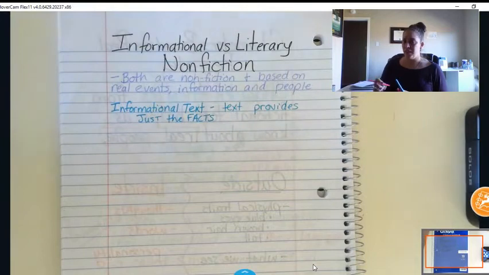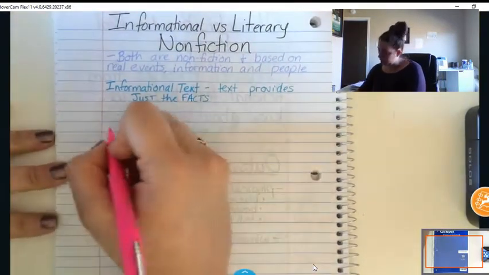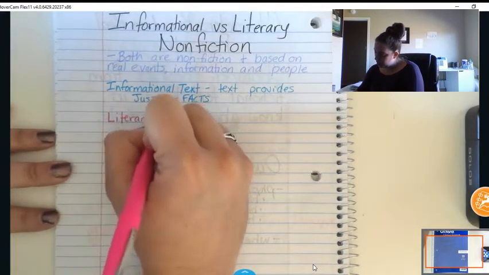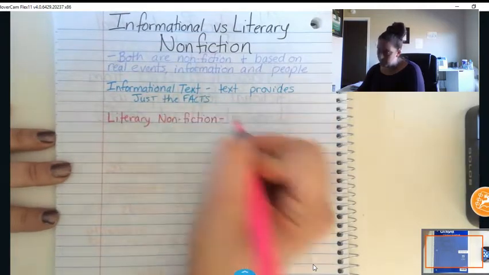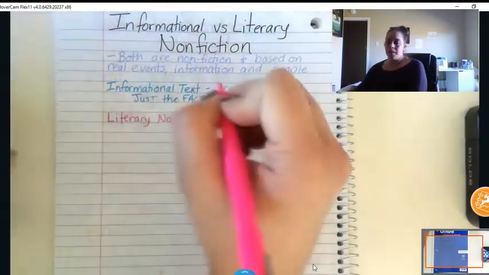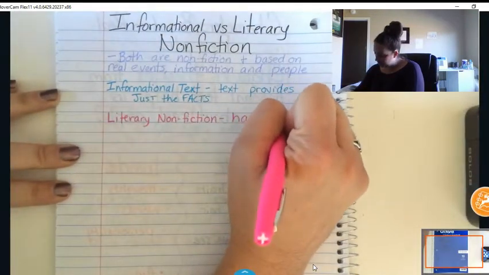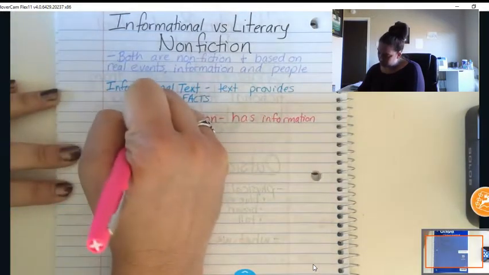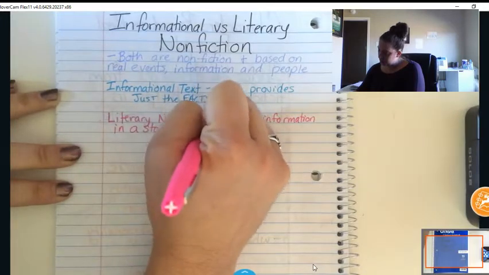Whereas literary nonfiction gives us information, but in a story form. So it has information in a story form.